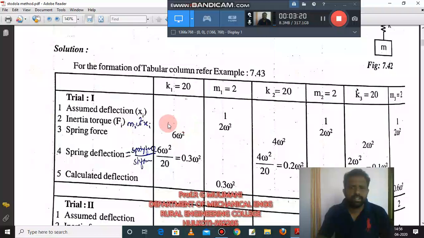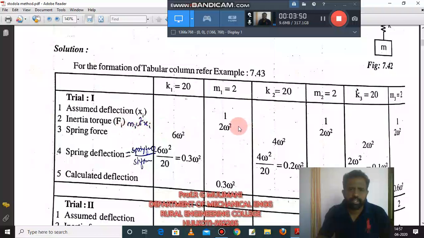Next, for the inertia force, you are using the assumed deflections in the mass columns only. I assumed the deflection value for mass 1 is 1, mass 2 is 1 and mass 3 is 1. And then the next step is finding the inertia force. How to find the inertia force? This is the formula for the inertia force of the masses: m omega square into x, where m is the mass and x is the deflection.